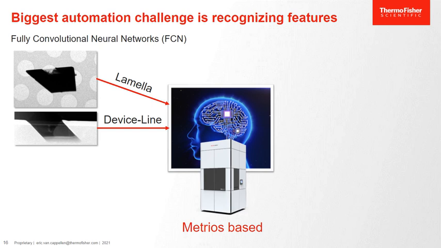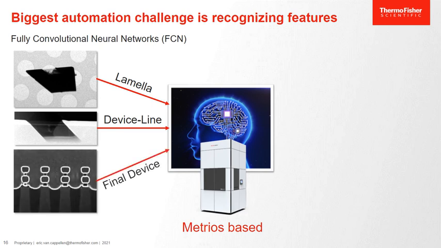Once you have the device line, you further zoom in, tilt the stage, move the stage, and then tell the system what the GAAs are. The GAAs are these squarish, roundish, white circles that you see there. The white stuff is the gate itself, and it's all around.